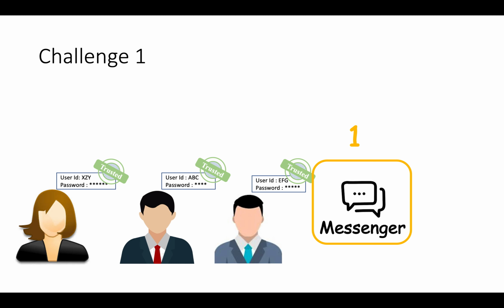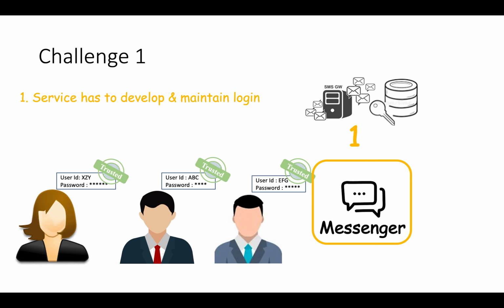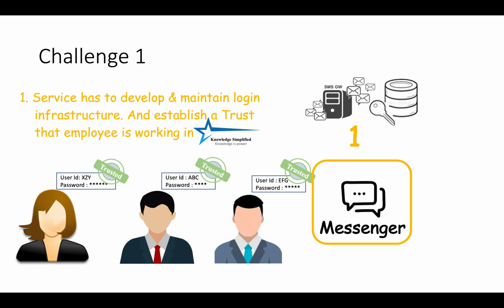The service maintains users' credentials in a DB and develops the entire infrastructure to support login. Like if a user forgets credentials, then it uses an SMS gateway or something like that to support recovery of the account. So, here is our first challenge. The service has to develop and maintain login infrastructure and establish a trust that the employee is working in Knowledge Simplified Organization.